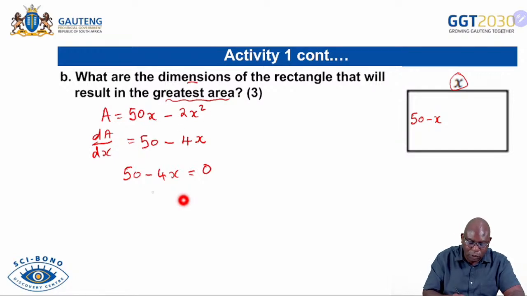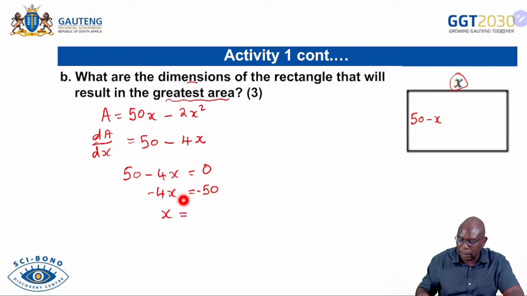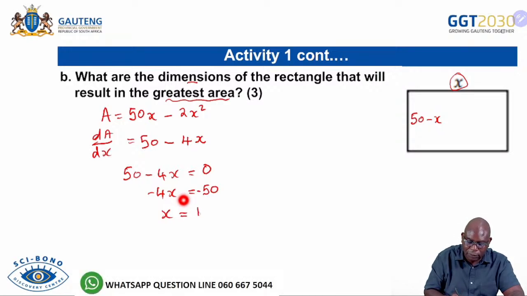So now I'm going to have minus 4x equals negative 50, which gives me x. If I take the 50 and divide it by 4, then I've got 12.5. So I'll have 12.5 here.